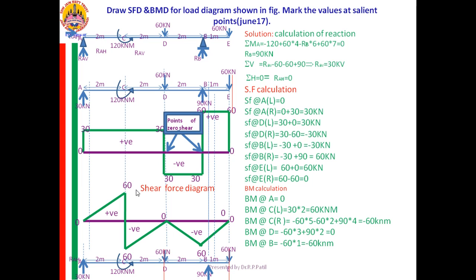Above the line it is positive and below the line it is negative. Yes, this particular point, where on one side of that point SF is positive and on the other side SF is negative, that point is called the point of contraflexure.